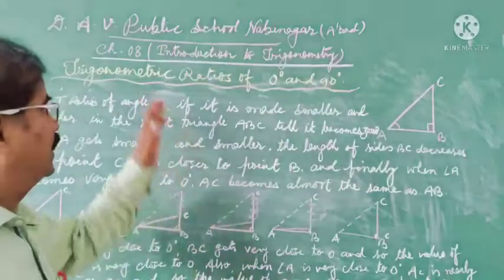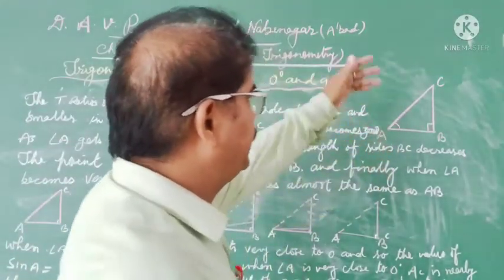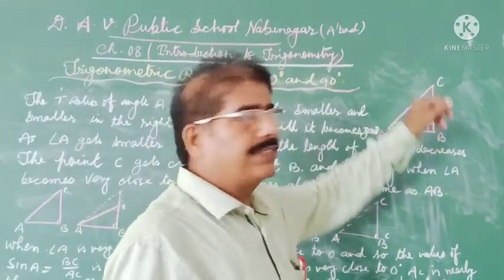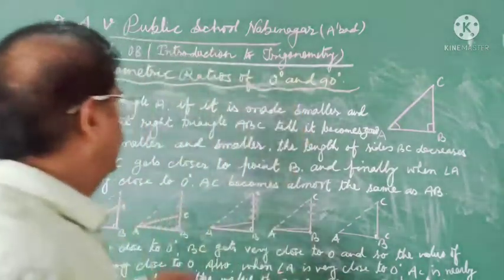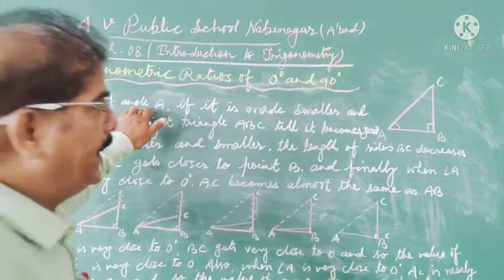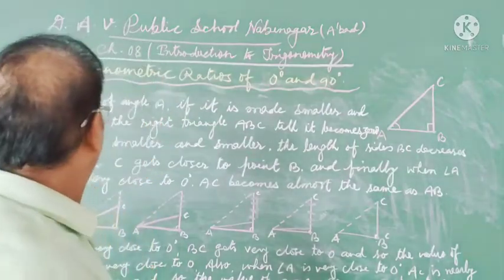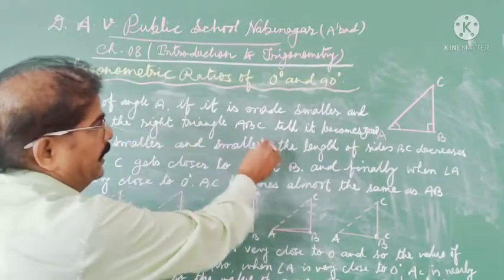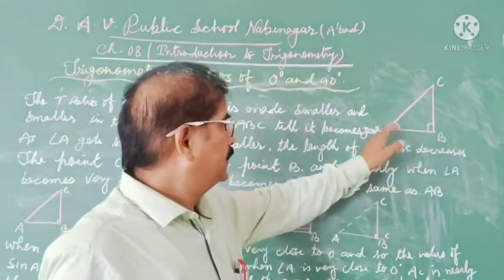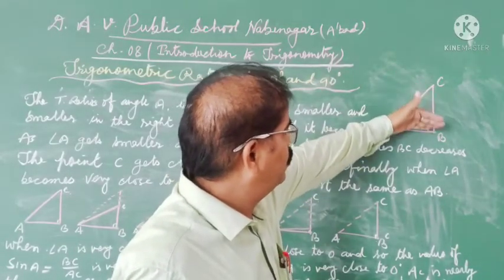Dear friends, in triangle ABC, at B is a right angle and A and C are acute angles. Consider the trigonometric ratios of angle A, if it is made smaller and smaller in the right triangle ABC until it becomes 0, that means AC coincides with AB.